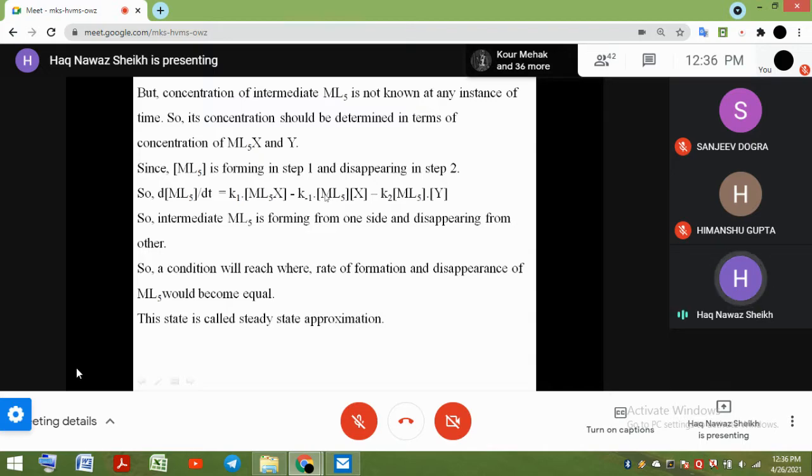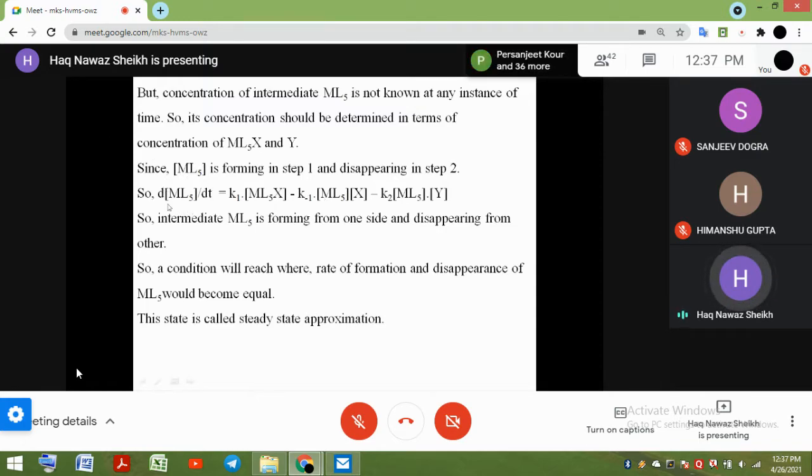So there is a method in kinetics called the steady state approximation: if you have an intermediate formed in any reaction, then we presume that its rate of formation is equal to its rate of decomposition, and it does not survive, because it is decomposed at the same rate at which it is formed.